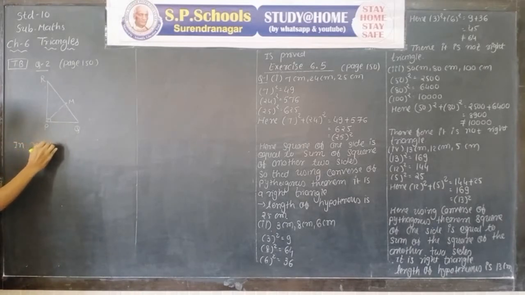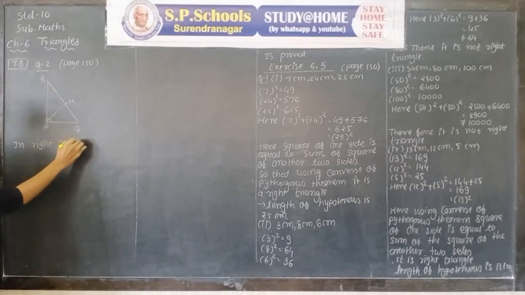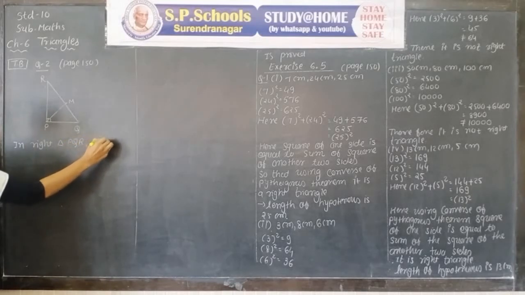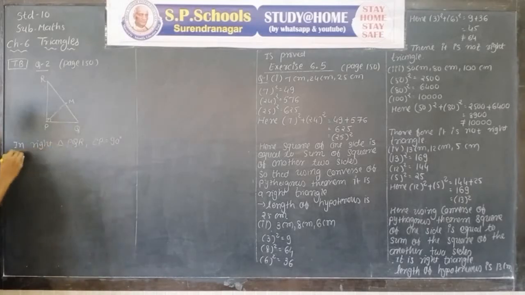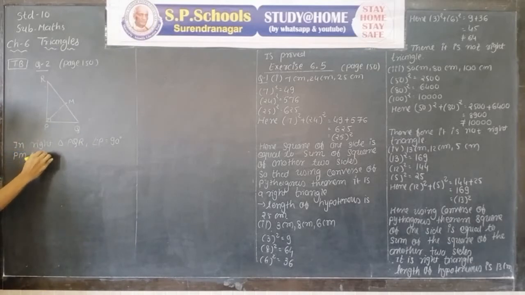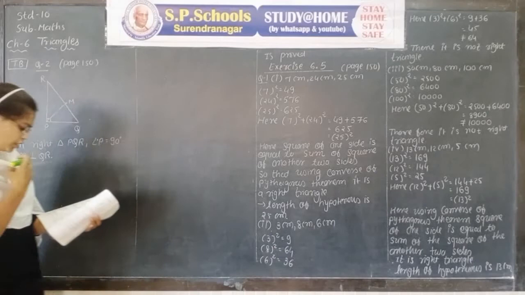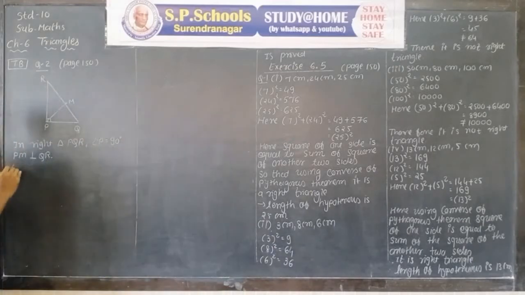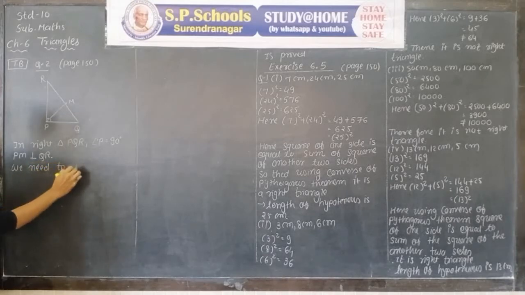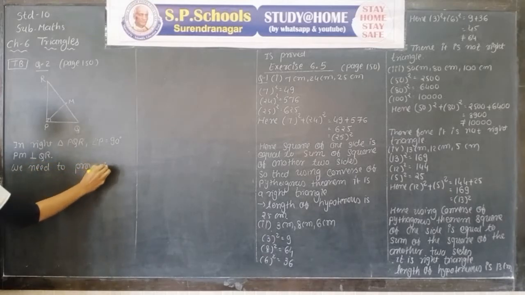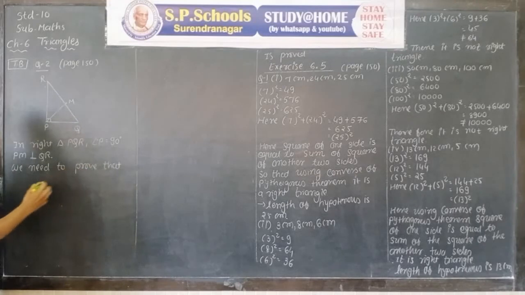In right triangle PQR, angle P is equals to 90 degree, PM perpendicular to QR. We need to prove that PM square is equals to QM into MR.